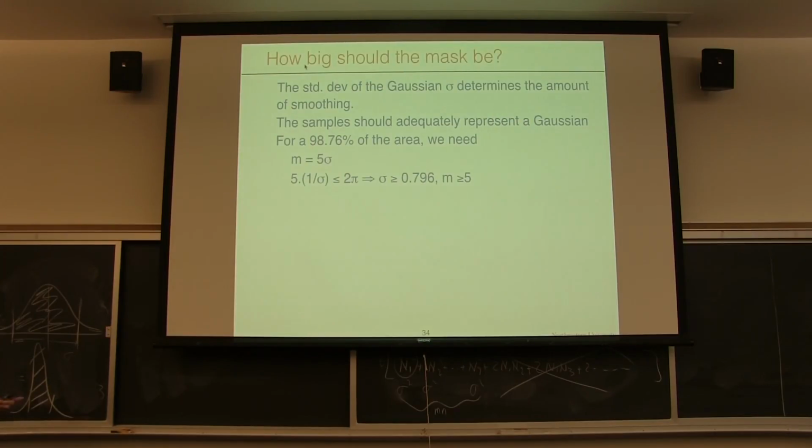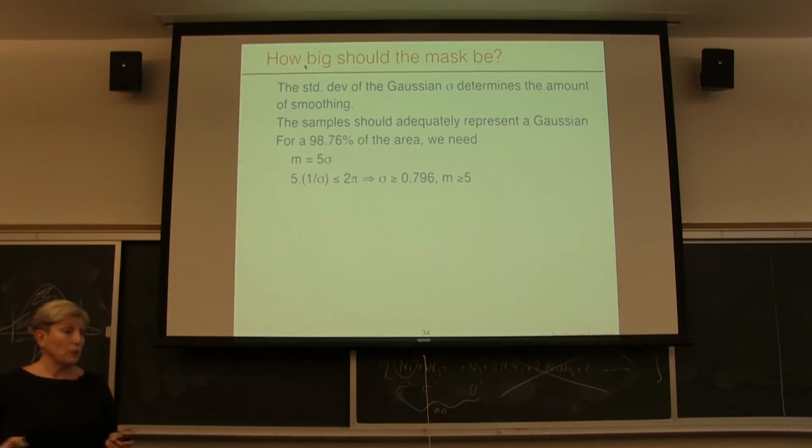Based on those two things, sigma has to be greater than 0.796, and M has to be greater than or equal to 5, which means that Gaussian filters tend to be bigger than box filters.